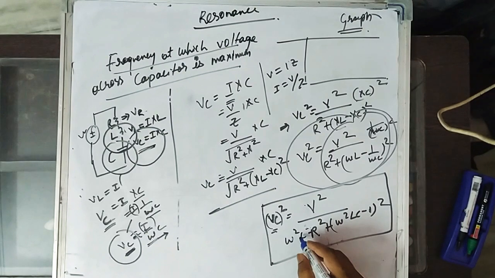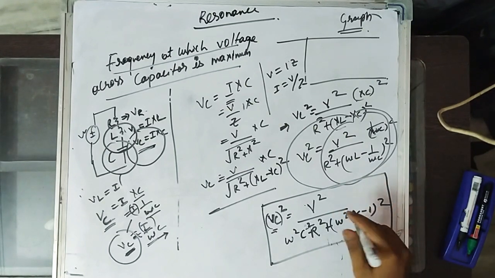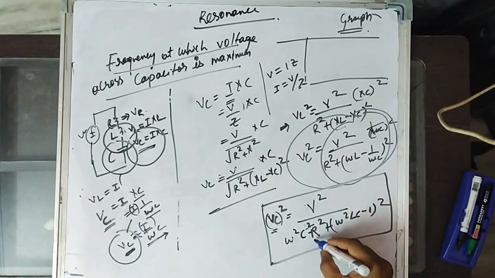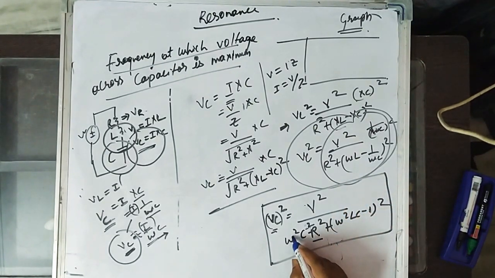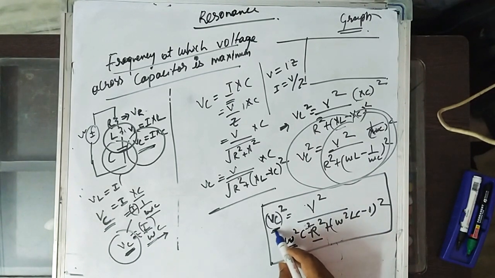If you observe this formula, it is in terms of capacitor, inductor, resistor, and omega. Now, with respect to varying frequency, we want to find the voltage across the capacitor.